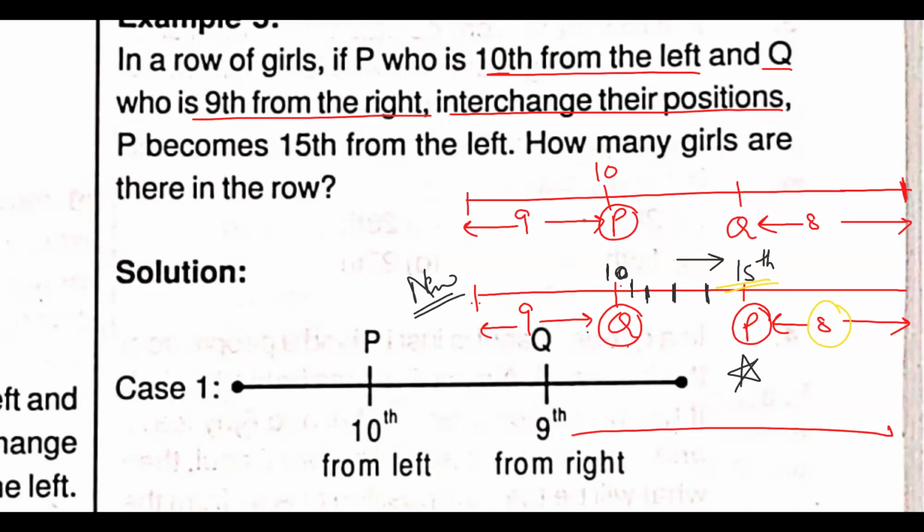If this is the row that we have, okay? Ma'am, 15 plus 8. Yes, this is the 15th position of P and 8 more are there, so 15 plus 8. Yes, that's correct.